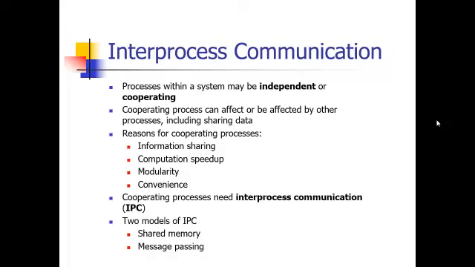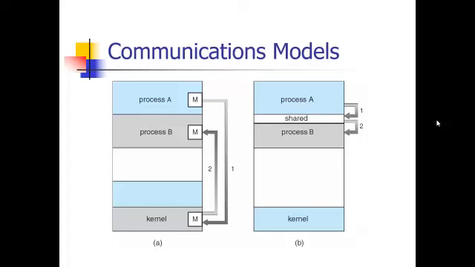So in operating systems, interprocess communication happens in two models, that is shared memory and message passing. Message passing can be indicated like this. Each process will have its own space for messages.